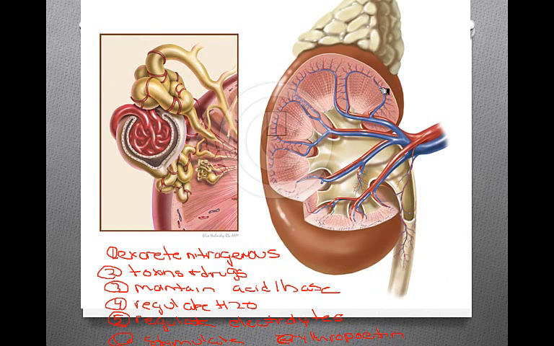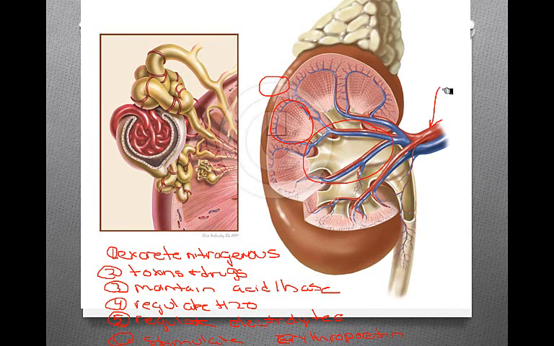So here is our recording pad. All right, so here we have the medulla, the renal cortex, and the renal pelvis again. And your kidney is being fed by your renal artery.